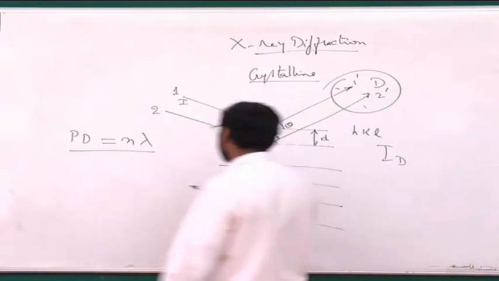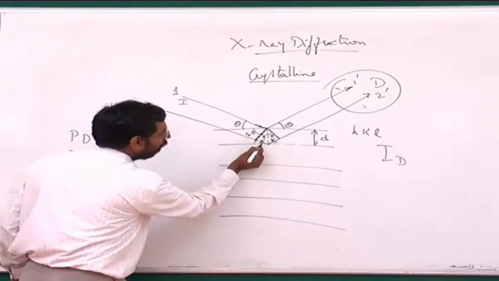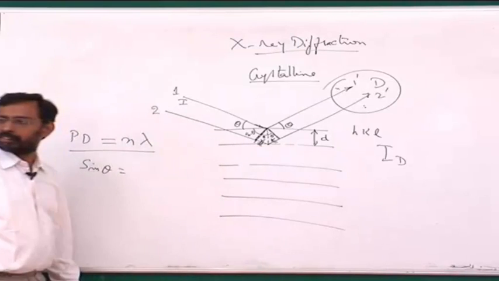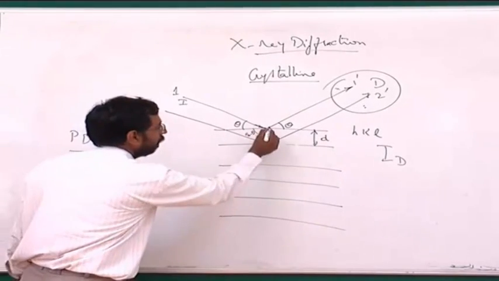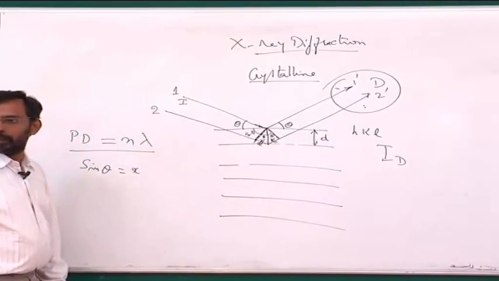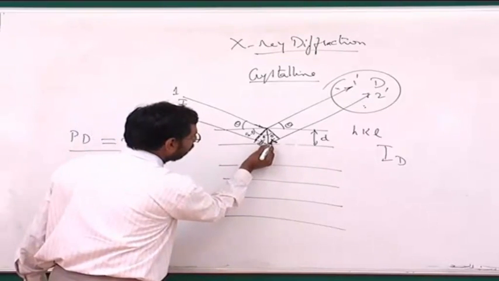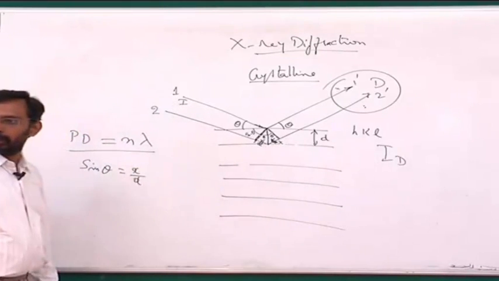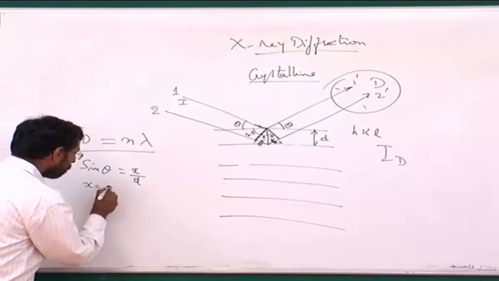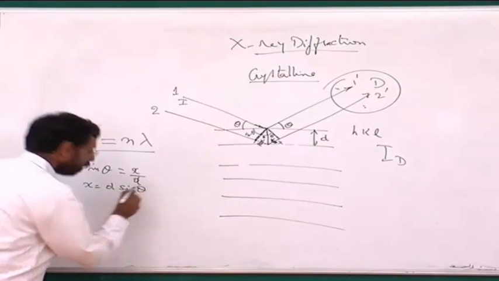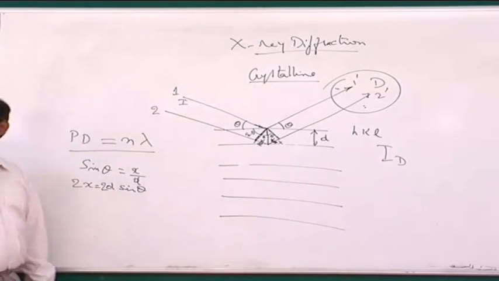If that is the case, I can write sine theta is x divided by d, if I call this distance x. This is also another x. So x is d sine theta, and because this whole distance is 2x, it is 2d sine theta.